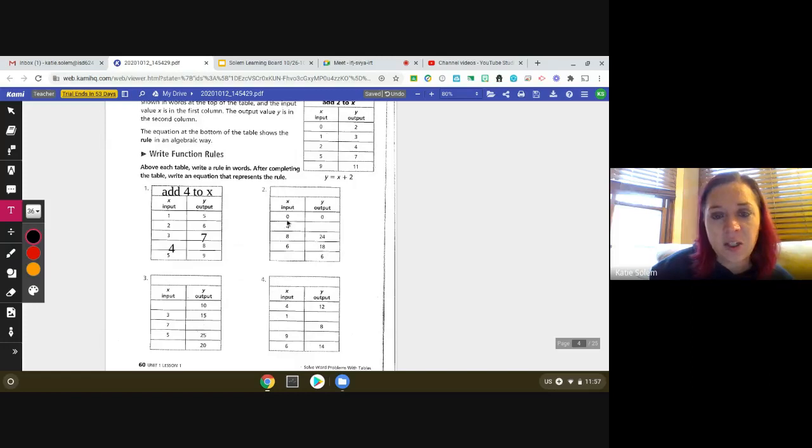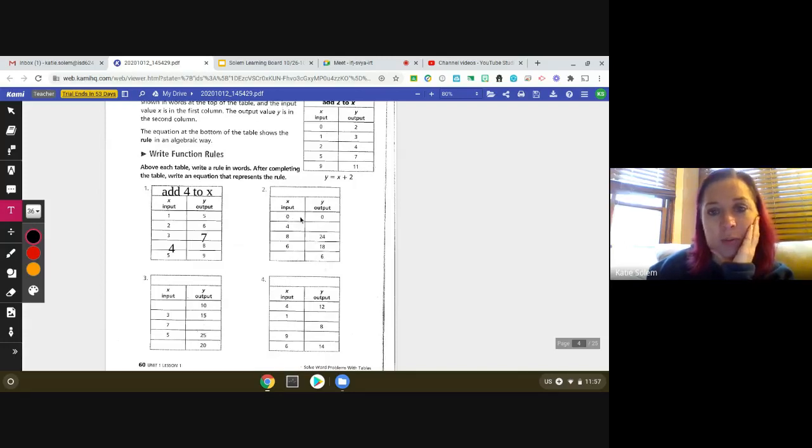So this one, 0 went in, 0 came out. 8 went in, 24 came out. 6 went in, 18 came out. Now this one is different because this one we are using multiplication. So what number could we multiply by to get our outputs?